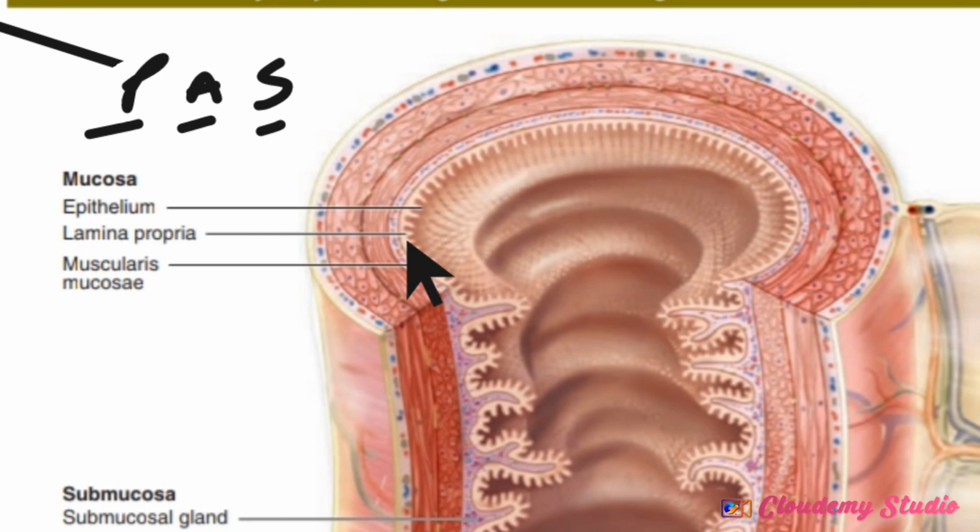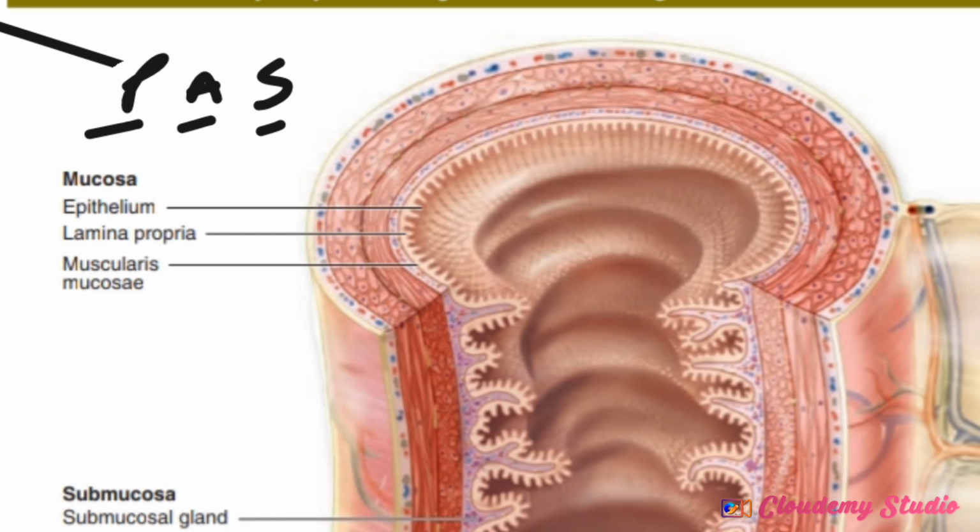So there are blood vessels here that absorb digested food. It also consists of glands and lymphoid follicles. And the main function of lamina propria is to support the overlying epithelium. You understand? It supports the overlying epithelium.